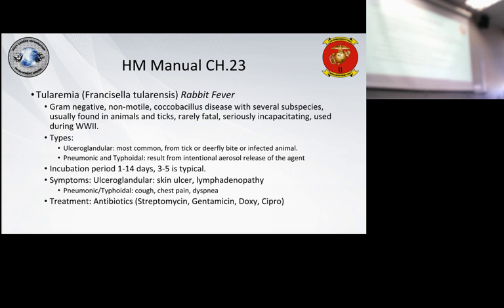The incubation period 1 to 14 days. The symptoms are skin ulcer, since the word ulcero, pneumonic, and that's cough, usually with anything with a lung, it's going to be cough and chest pain. And the treatment, antibiotics. Next.